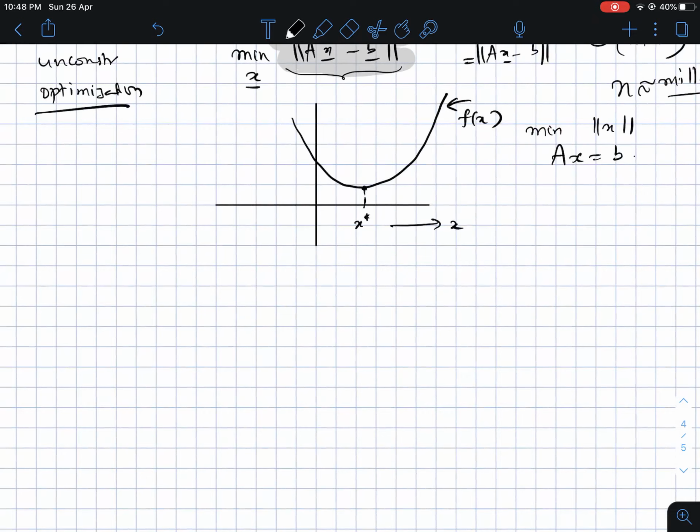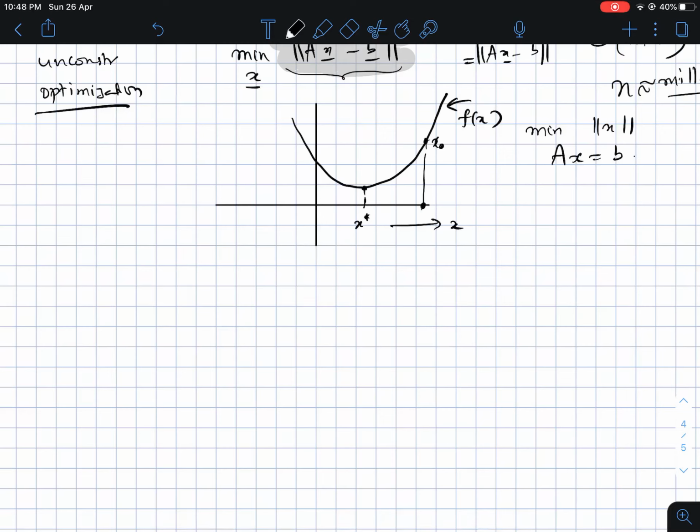So the idea of gradient descent is, well, start from an arbitrary point. Pick an x0, maybe randomly. I don't know where x0 is, I just pick x0 somewhere. And then locally around x0, you move in the direction in which your function is decreasing the fastest. Now, what do you mean by move in the direction?